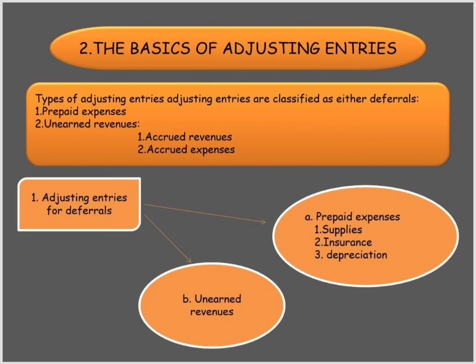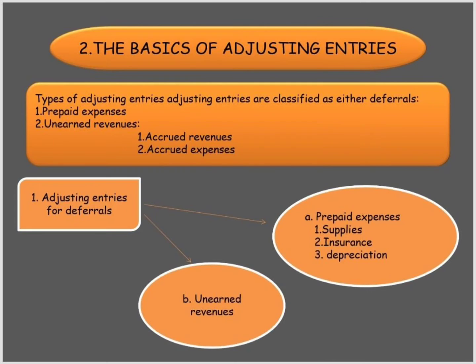Adjusting entries for deferrals. The two types of deferrals are prepaid expenses and unearned revenues. A. Prepaid expenses. Companies record payments of expenses that will benefit more than one accounting period as assets, called prepaid expenses or prepayments.